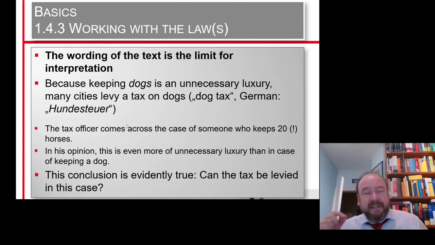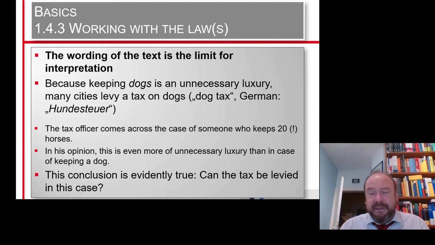Now you could say it would be just and fair to levy a tax on horses too. Yes, that can be introduced by Parliament, but up to now Parliament has not done it. So punish them in the next election and vote for people who want to introduce a tax on horses.